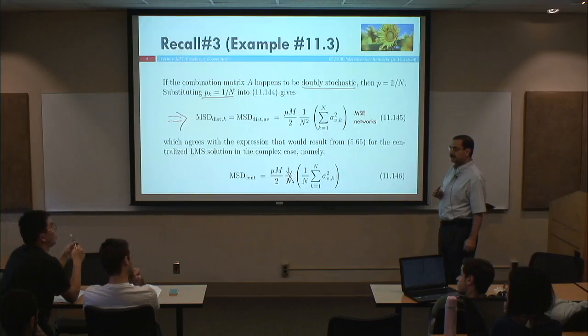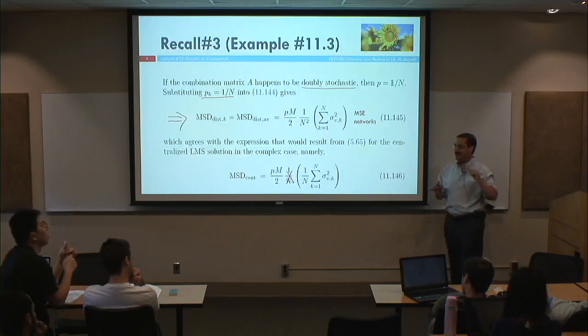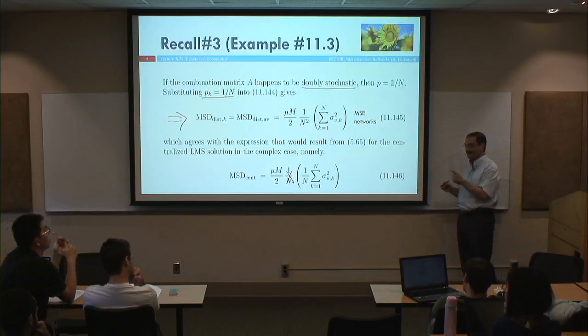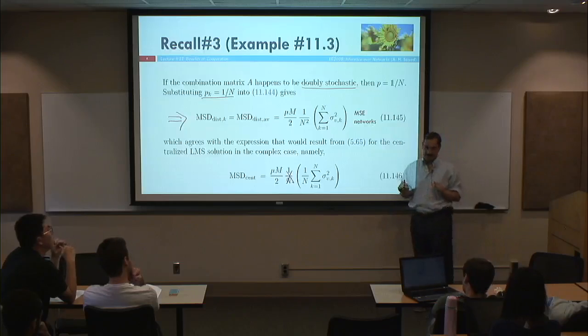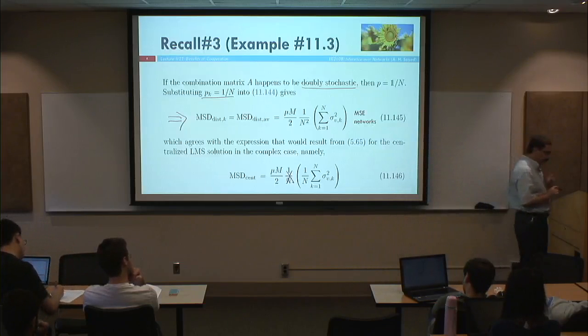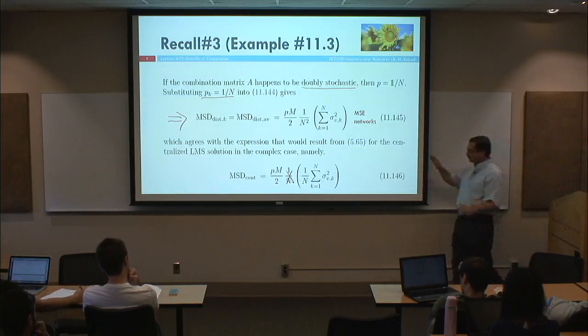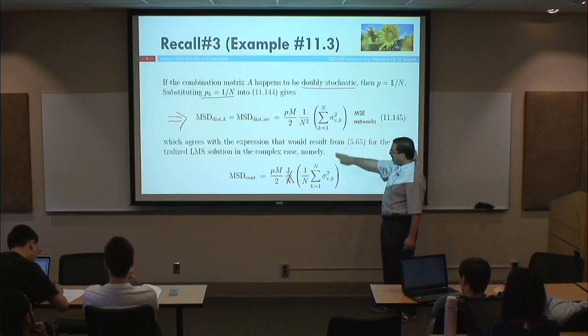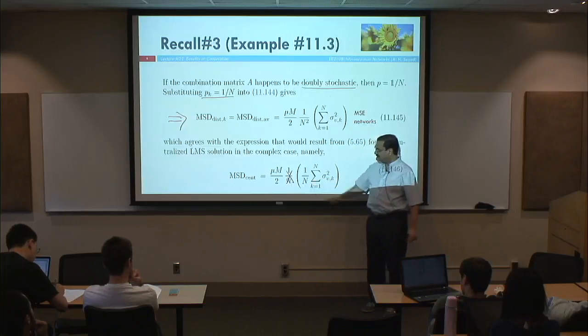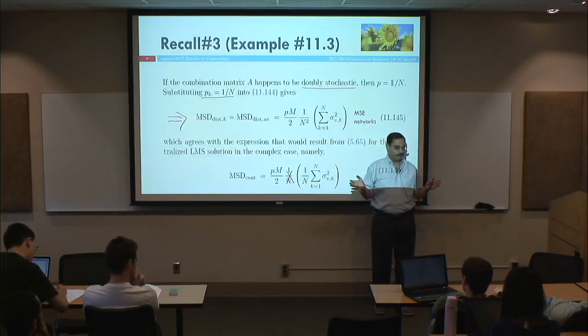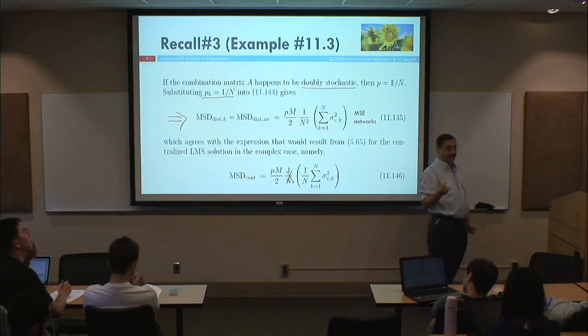And how about the rates? You asked the same question last time, and the rate of convergence is the same, right? I showed you the expressions, okay? So here you see that the distributed solution will be better than the average solution over the non-cooperative network, right? But what about the individual agents?